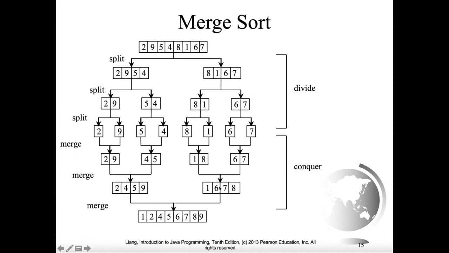Then we increment the index of list 2 and list 3. Then we're comparing 7 with 9, and 7 is still smaller than 9, so we add 7 to list 3 and increment the indexes of list 2 and list 3. Then we compare 8 with 9. 8 is smaller than 9, so 8 goes to list 3. The indexes of list 2 and list 3 are incremented.